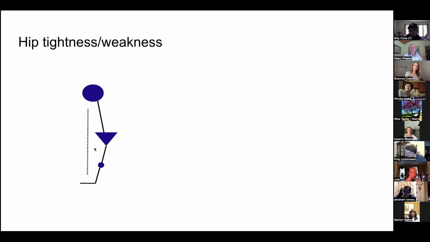If you're a little bit tight at the front of your hip, then your upper half tends to be a little more forward. And just the physics of that keeps this line, which would be like the line of your weight, ahead of your knee. And that causes your knee to want to move backward, okay? So if your knee wants to move backward, there's that arrow.